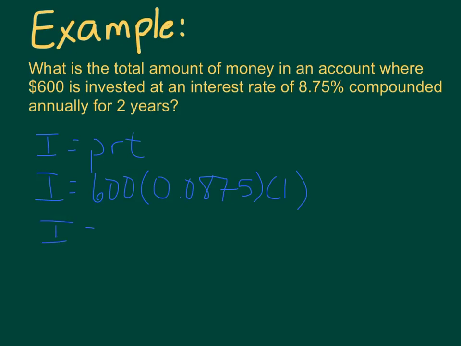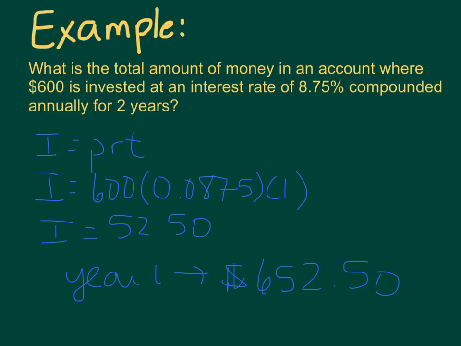After the first year, you earn $52.50. So that means that after year 1, you have $652.50.